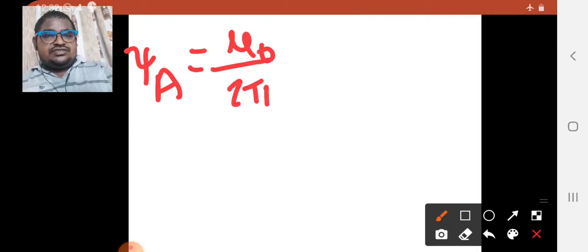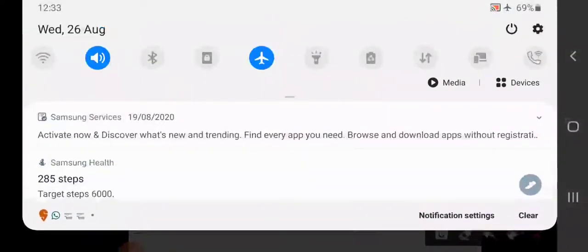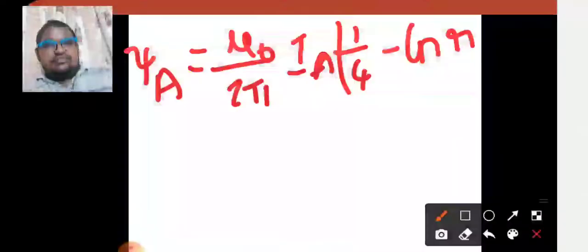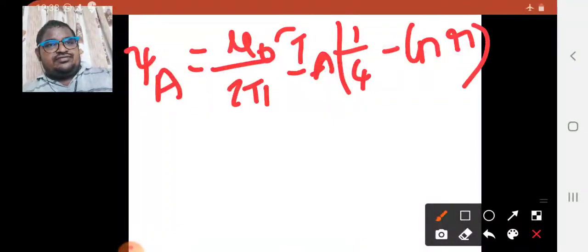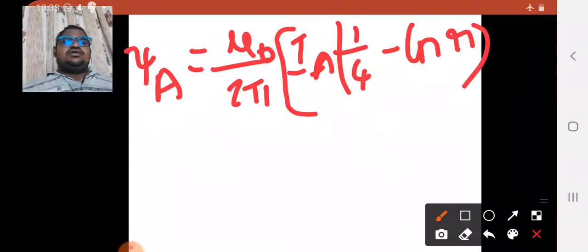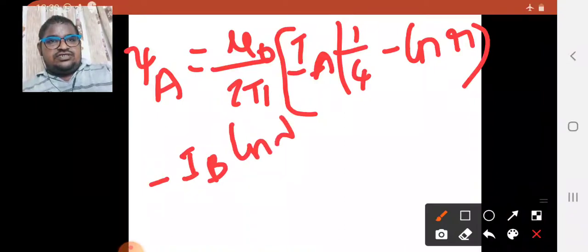The first one is IA into 1 by 4 minus ln r. This is the coefficient of IA, and IB coefficient is minus IB into ln d3.